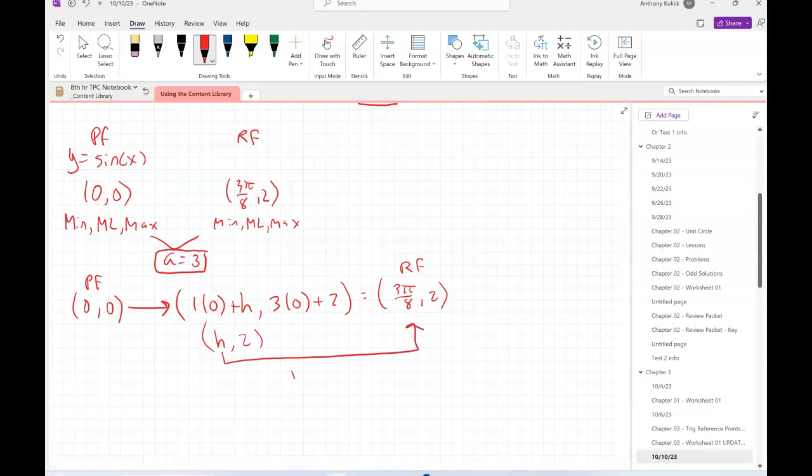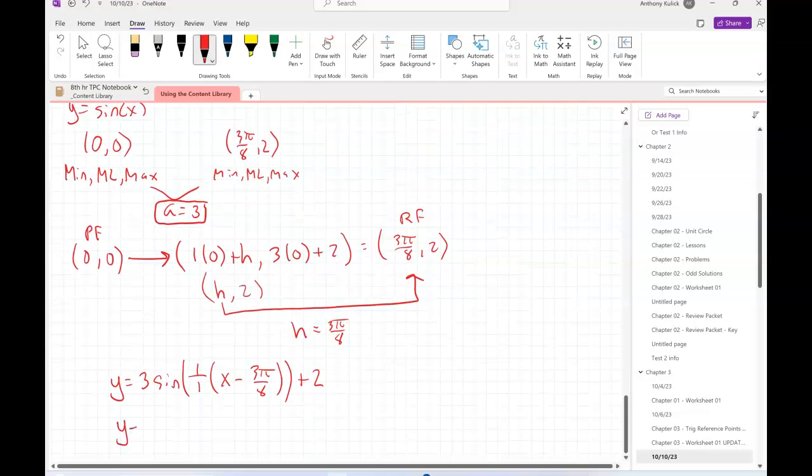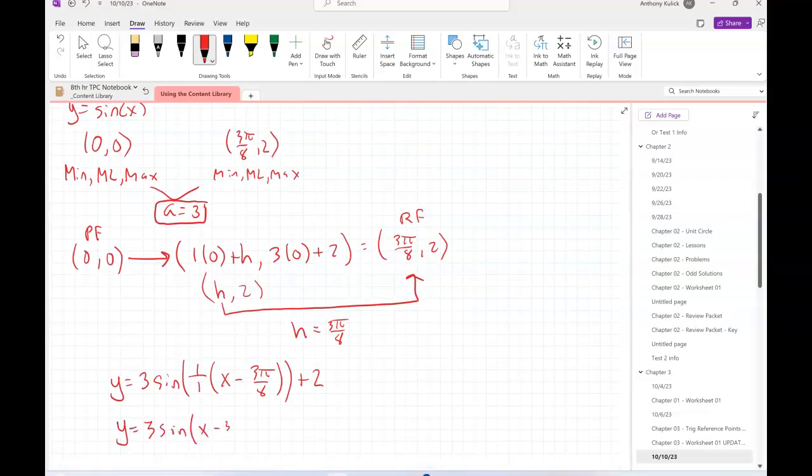So my h is 3 pi over 8. So I'm going to write y equals a times sine of 1 over c, x minus h, plus k. Or if I simplify this down, just 3 sine of x minus 3 pi over 8 plus 2.